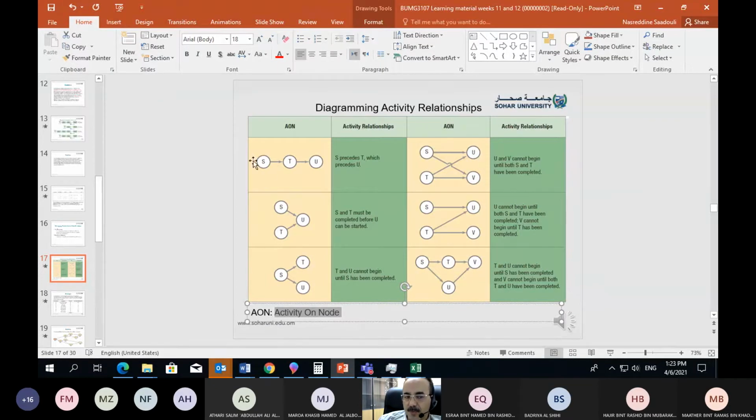Each node represents a task or an operation, and the direction of the precedence is indicated by an arrow.